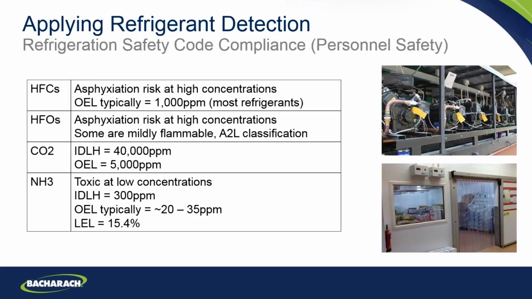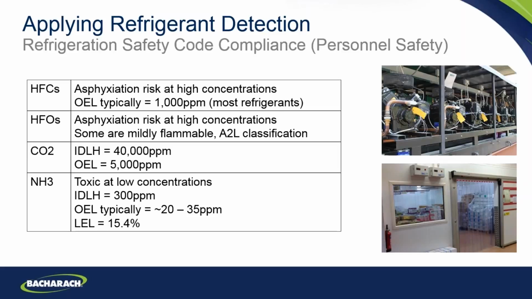So as we can see there, HFCs can pose an asphyxiation risk at high concentrations with an occupational exposure limit typically around 1,000 ppm. Important to note that there are some refrigerant gases that have lower levels there, and of course the relative safety standards should be consulted for ensuring compliance with those levels for the specific refrigerant being used.